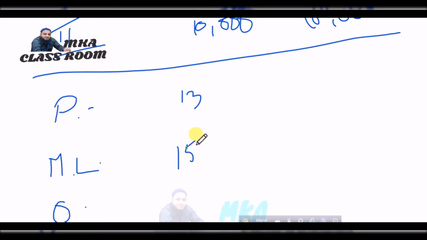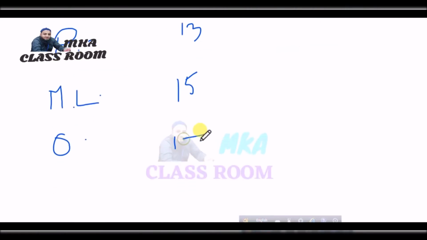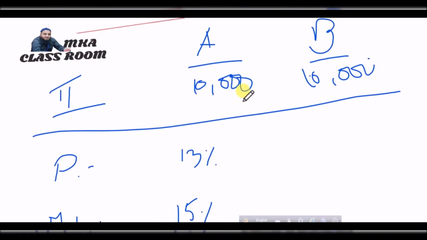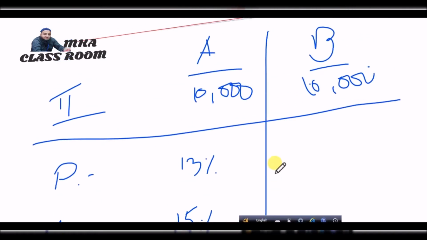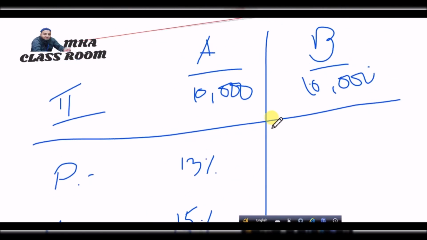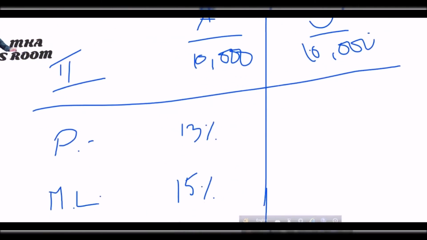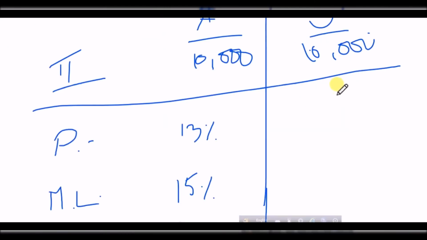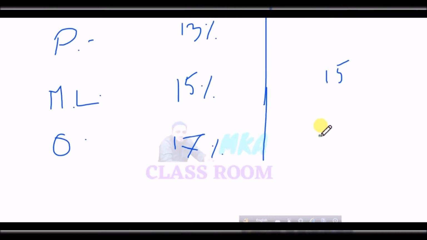These are the three conditions of return of asset A. On the other hand, asset B is 7%, 15%, 23%.